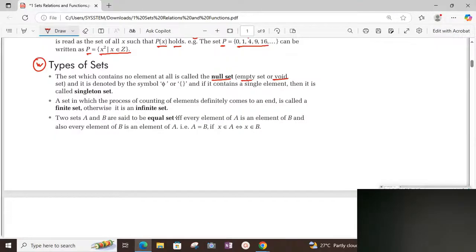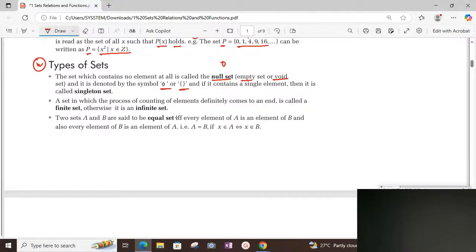The set in which the number of elements is zero is known as the null set, and it is denoted by the Greek letter phi, or we write only middle brackets without any element.